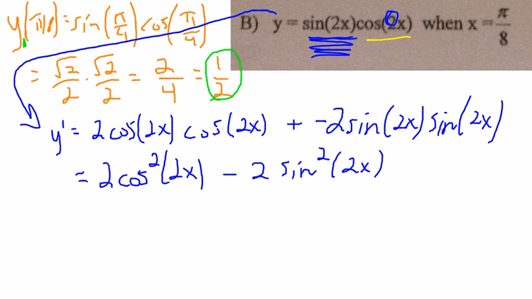Now the reason why I do this is so that I can find the slope of this function at pi over 8. If this is y prime, then what I need to do now is plug in pi over 8 to it. So I get, whoops, not y double prime, I get y prime of pi over 8.